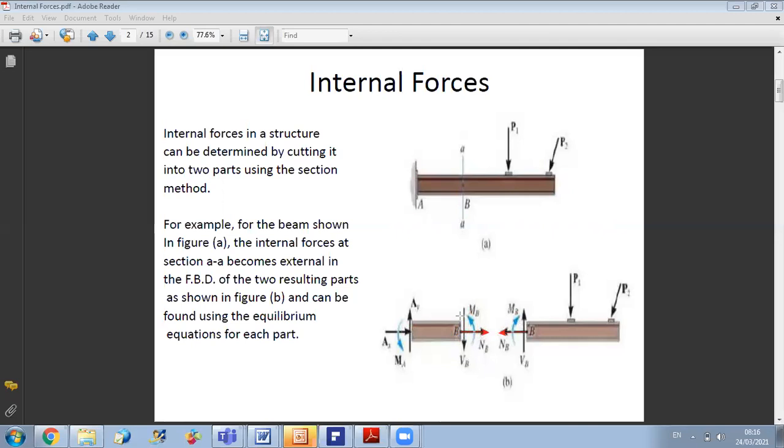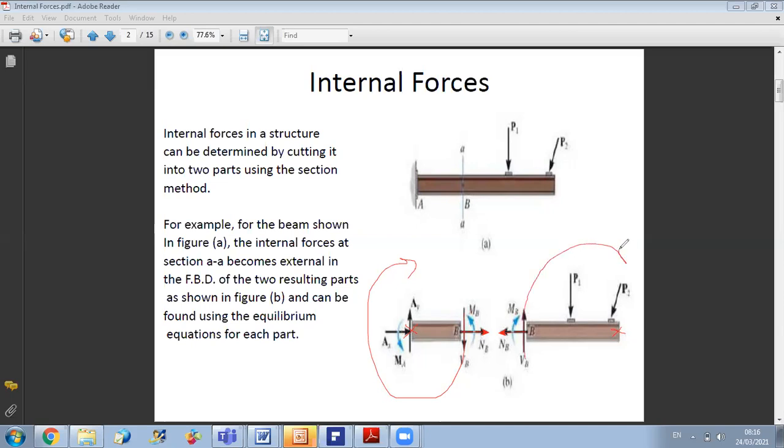Okay. Now for the shear, what is the convention for the shear? The shear is positive if it's rotating clockwise about the end of the beam. So here, if I take the left part of the beam, this is the end. VB should rotate clockwise about it, so it should be downward. While if I take the other part of the beam, this is the other end, VB should rotate clockwise.